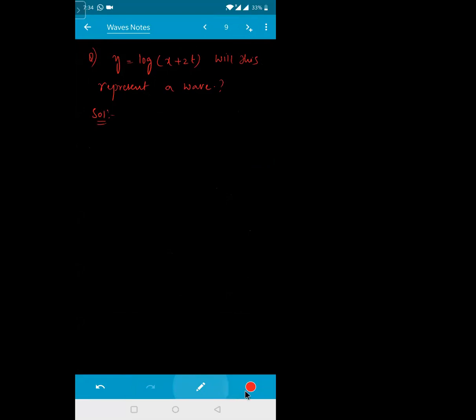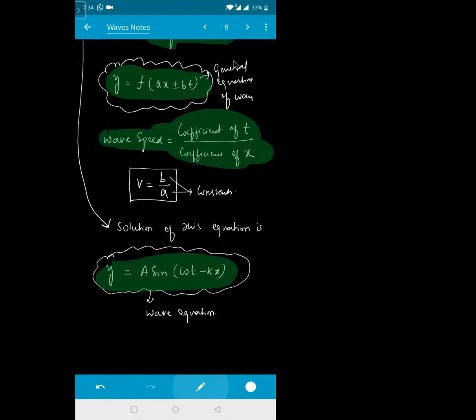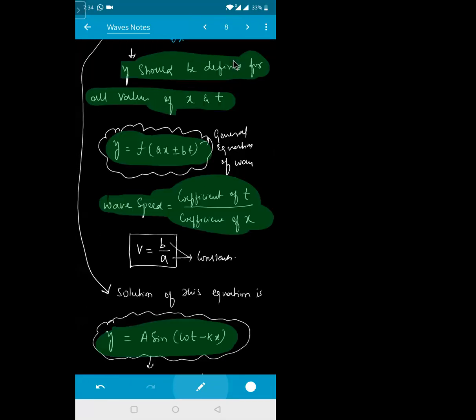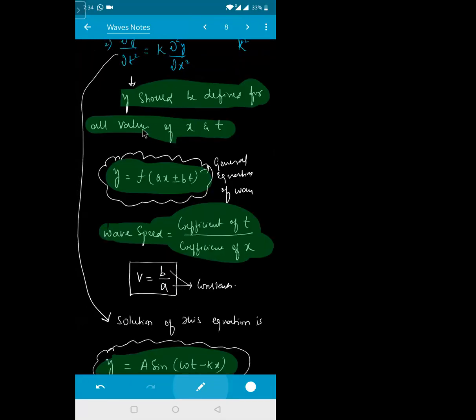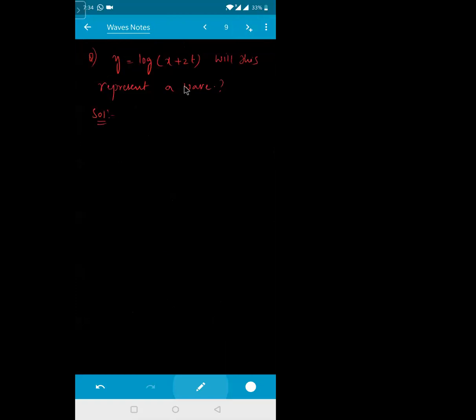This is my question. See, beta, I told you for any wave equation, what is the condition? Y should be defined for all the values of x and all the values of t. Now let us check here. If x plus 2t is less than 0, then log of a number less than 0, is it defined or not defined?